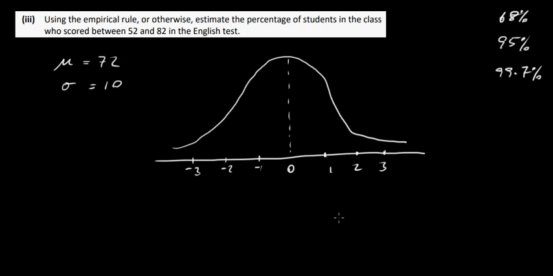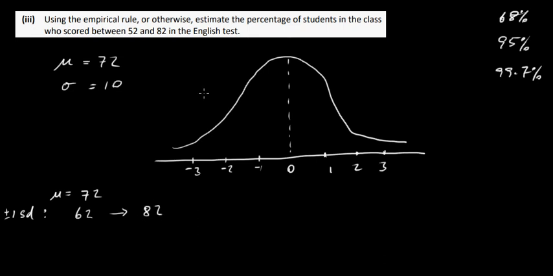Now we are told that the score here is between 52 and 82. Well, if we take 72 as our mean, and we take plus or minus 1 standard deviation, you're looking at 62 up to 82.